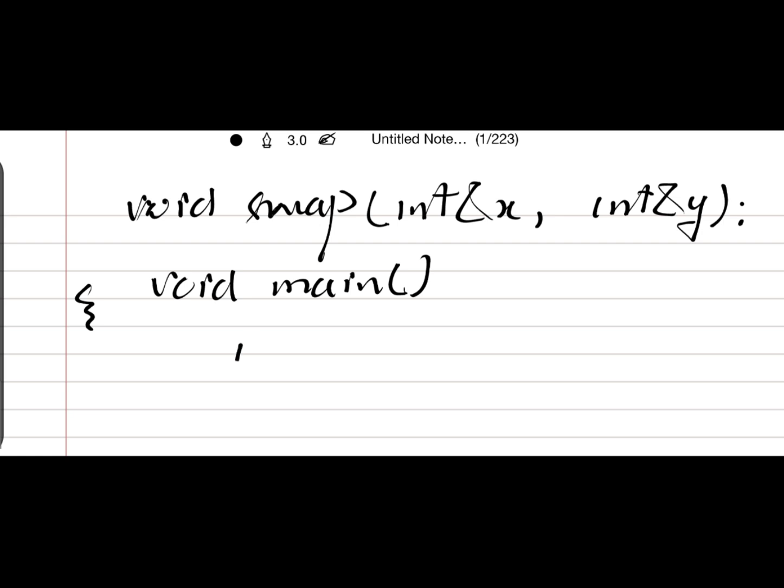Now, here we declare two variables, and we are going to get the values of those variables from the screen. Enter an integer.